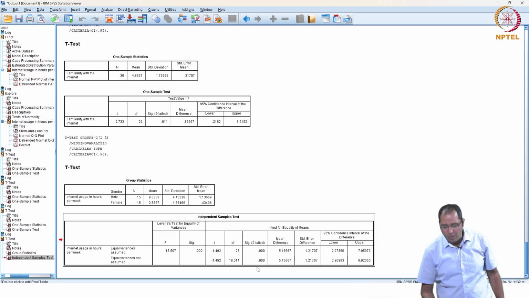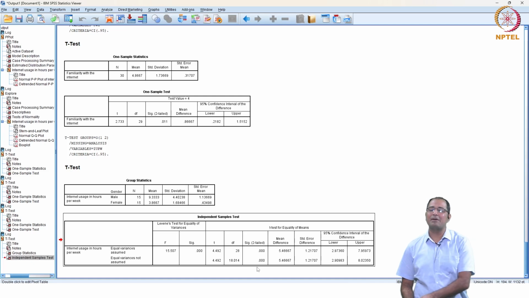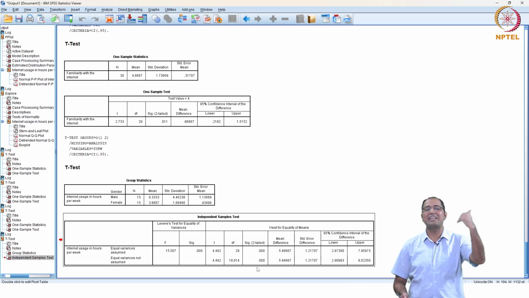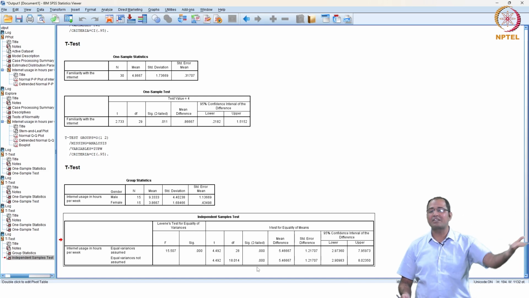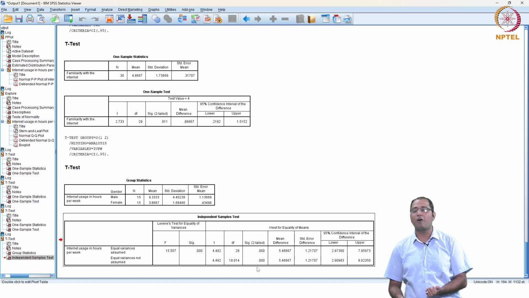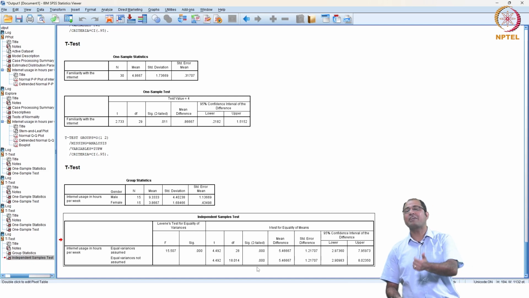Whether we will look at row 1 or row 2 will be decided by our assumption. The assumption is not met. Equal variances assumed is not correct because the p-value is 0.000, less than 0.05, which means the null hypothesis is rejected. Equal variances is not there. So equal variances not assumed, that row we will have to look at for the test for equality of means.